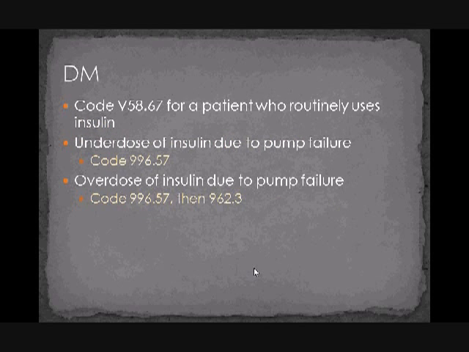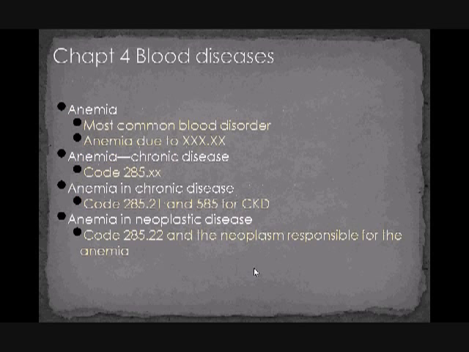If a patient is routinely receiving insulin, you can also attach the V58.67 code as well. If you have an individual who comes in with an insulin pump failure, and the person either underdosed or overdosed, then these are some codes you can attach to it. 996.57. And then if it's an overdose, you also tack on 962.3 as well.